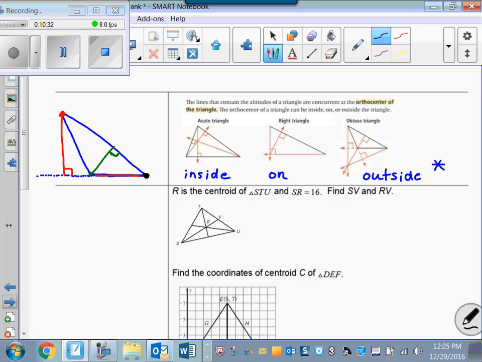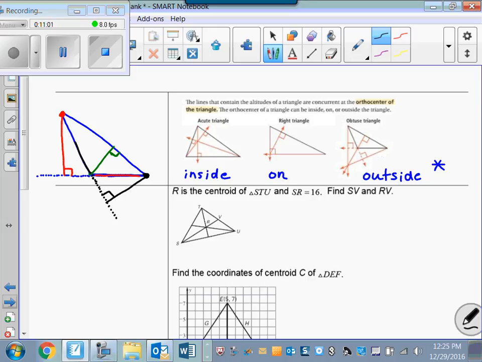Also, I cannot draw a perpendicular segment from this vertex going through the inside of the triangle. So once again, I have to extend my triangle side until I can drop a perpendicular. So there's my altitude, the perpendicular segment to the line that contains this side of the triangle.